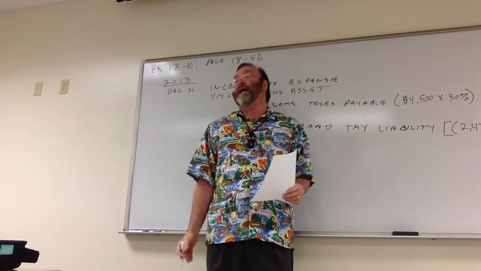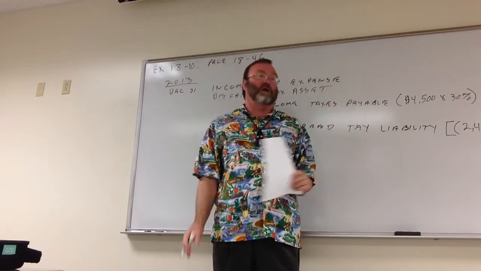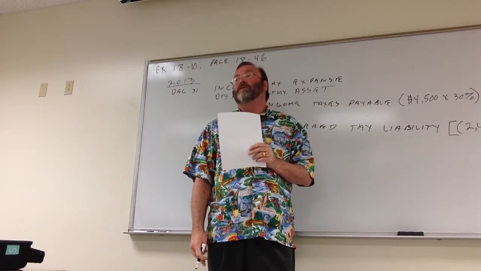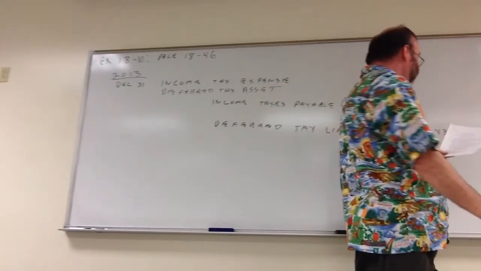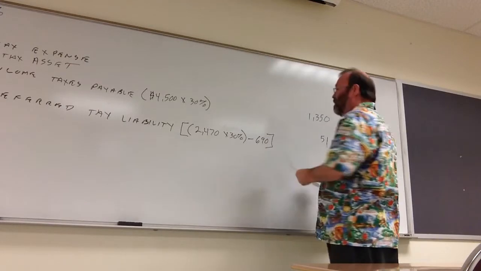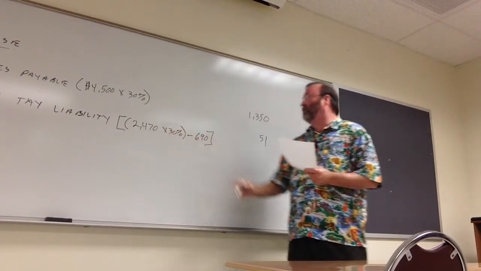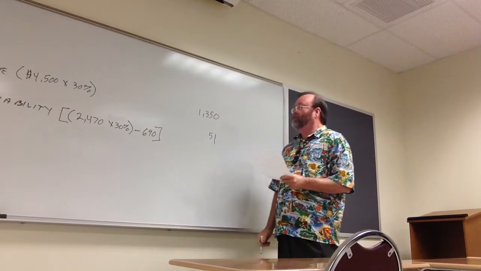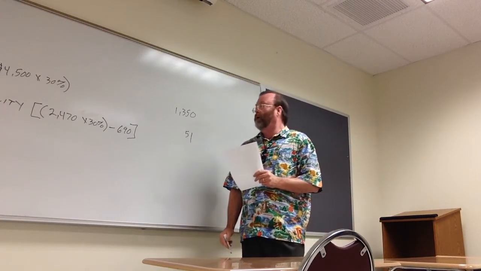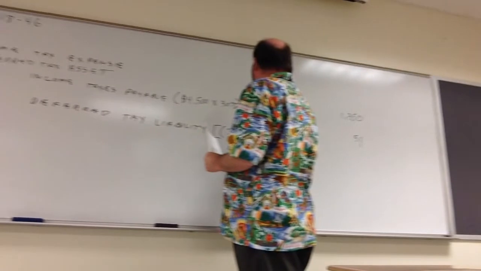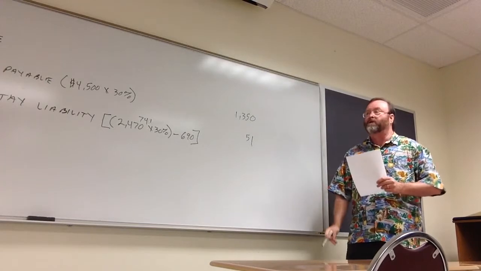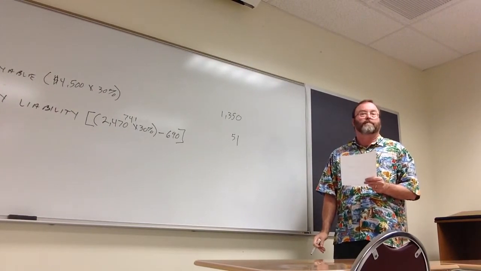Because what it's giving us now is all of the future difference between financial and tax purposes. All right? So multiply that out and subtract it, and we're going to wind up with a balance of 51. So $2,470 times 30% is $741. All right, so this is 741. Minus the 690 gives us a current adjustment to the deferred tax liability of $51.